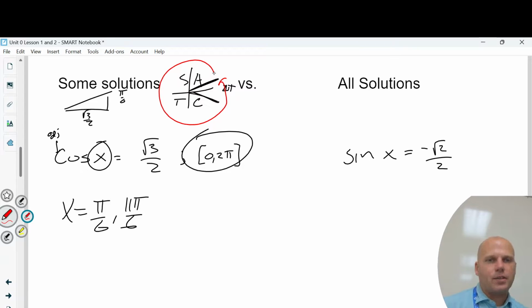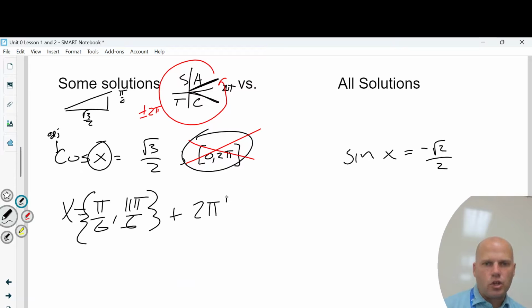We could go around our circle by adding or subtracting 360 degrees or 2 pi. If I said what could be all of the solutions, not saying between 0 and 2 pi, I could say, well, these two angles and all of the coterminal angles. We like to say plus 2 pi k, where k represents any integer.